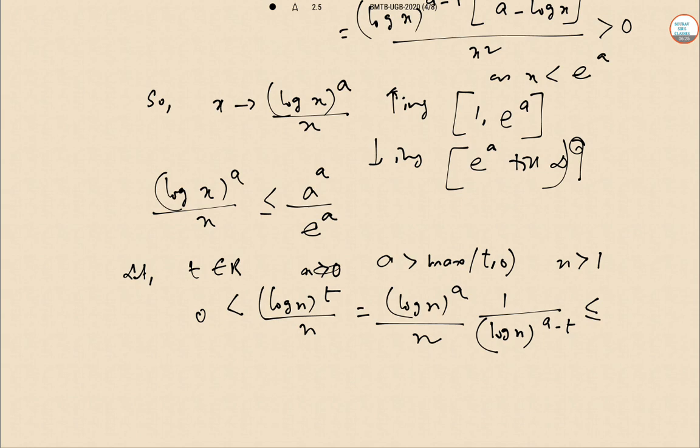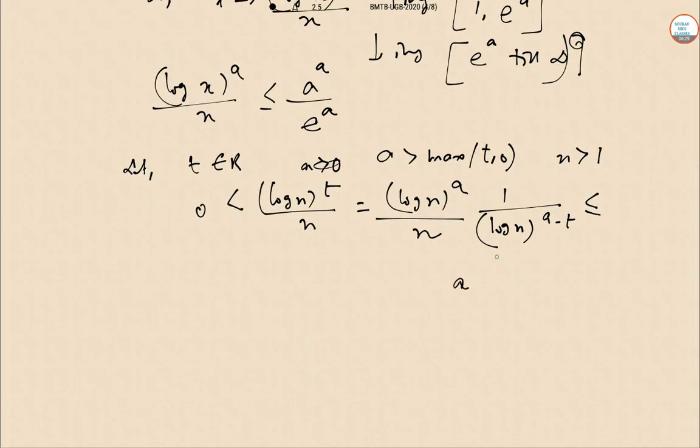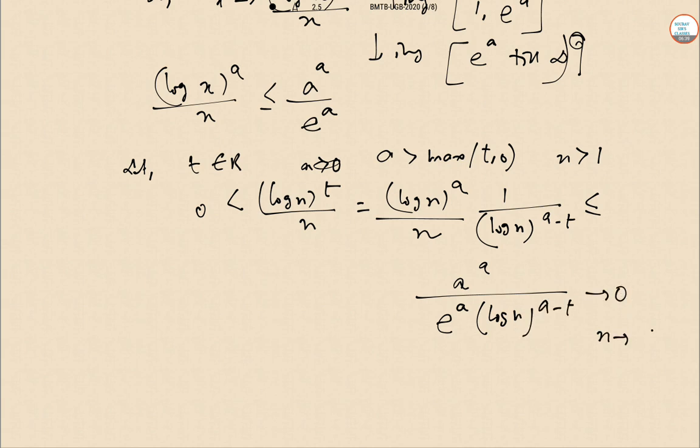This thing is less than or equal to a to the power a divided by e to the power a into (log n) to the power a minus t, and n tends to infinity.